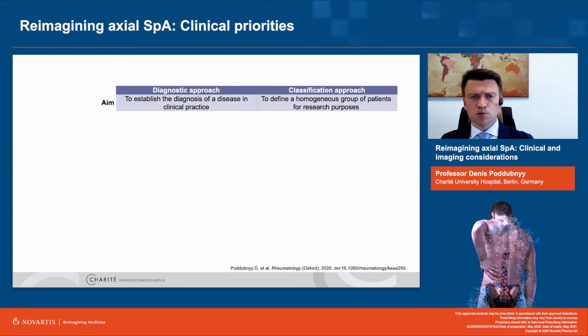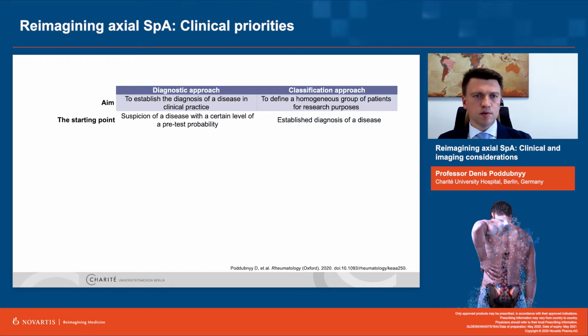So we have a patient with certain symptoms suggestive of the disease, and we need to apply tests to confirm or to exclude the diagnosis we suspect. With the classification approach, we try to define a homogeneous group of patients for research purposes, and normally the diagnosis is established at this time point. That is why the starting point is completely different.